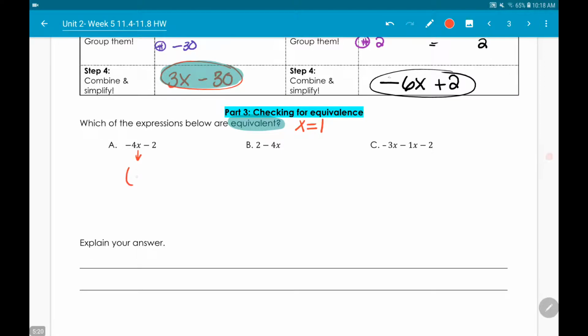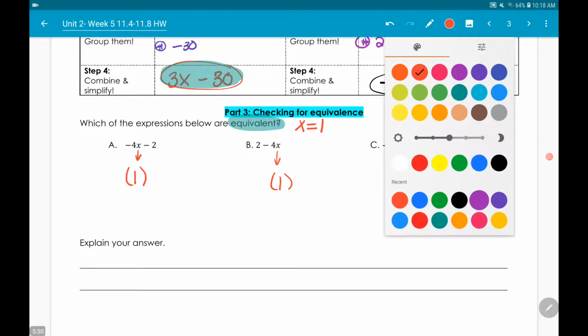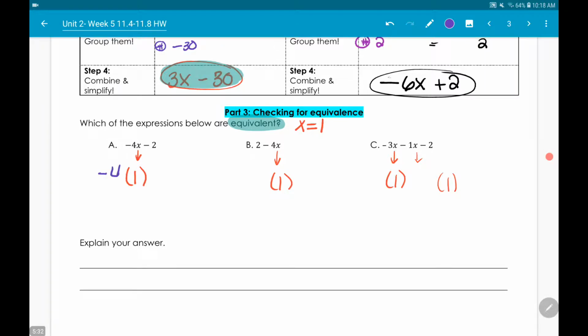I like picking 1 because it just keeps it nice and simple. And remember, everything else stays the same. Now I'm just going to go ahead and plug this in.